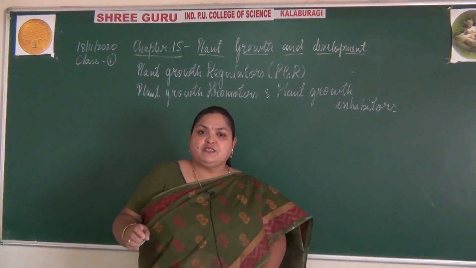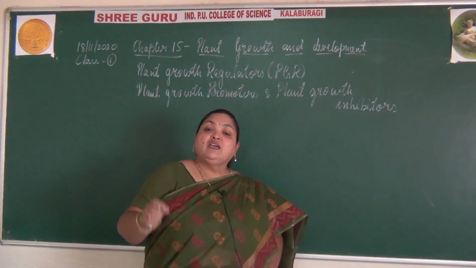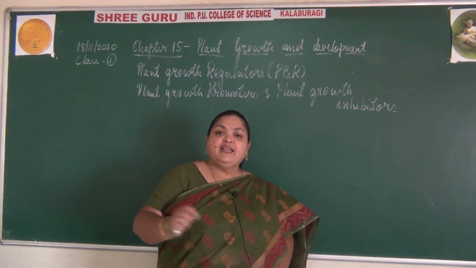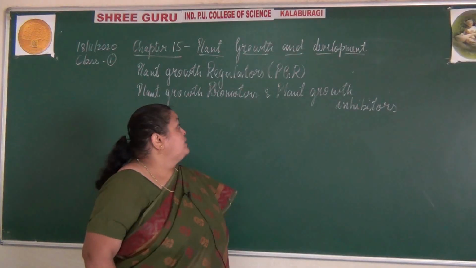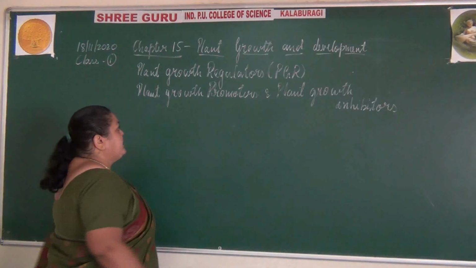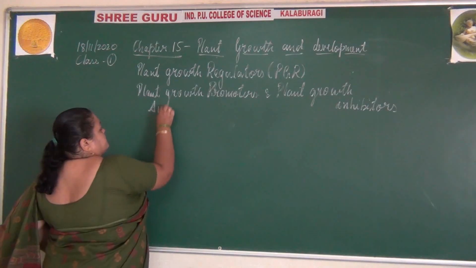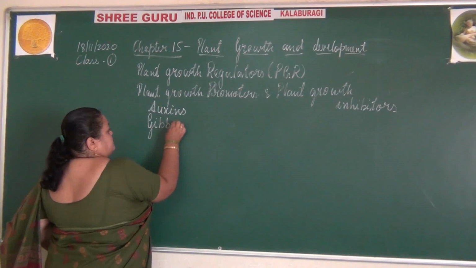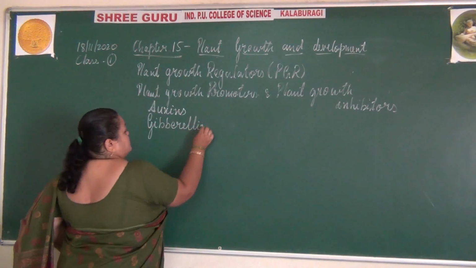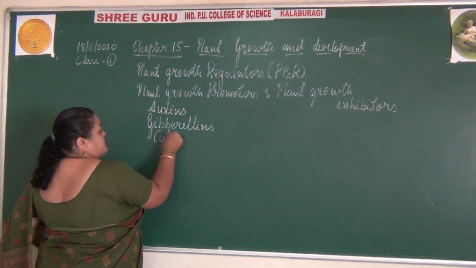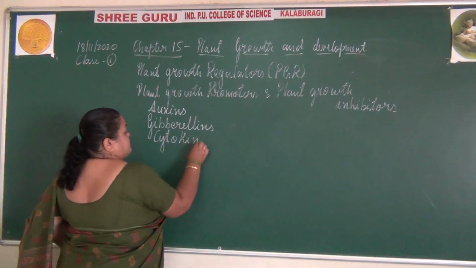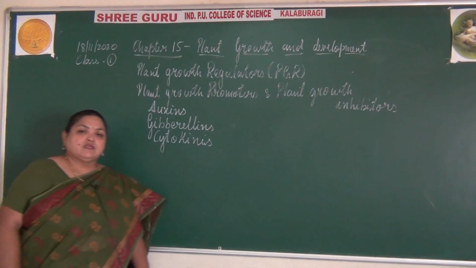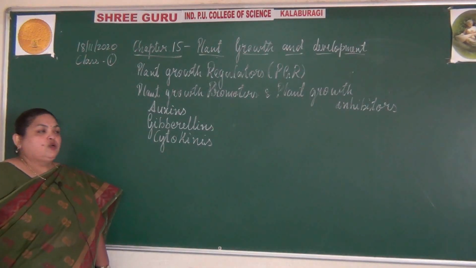Overall, those chemical substances which are involved in the growth of an organism, of an organ in a plant, are called plant growth promoters, which include auxins, gibberellins, and cytokinins. These are the hormones produced by the plants which help in promoting the growth.